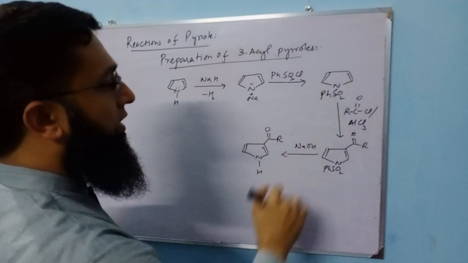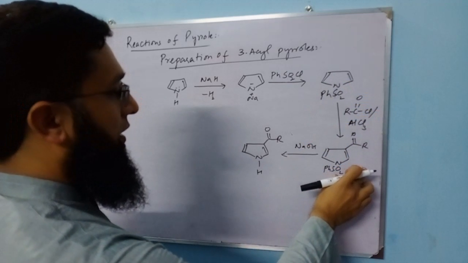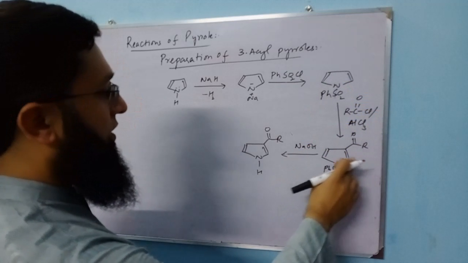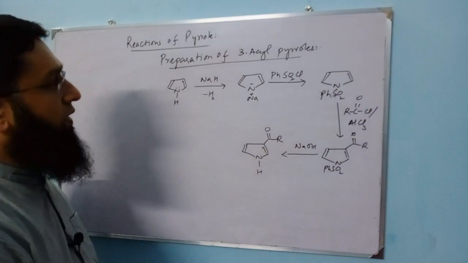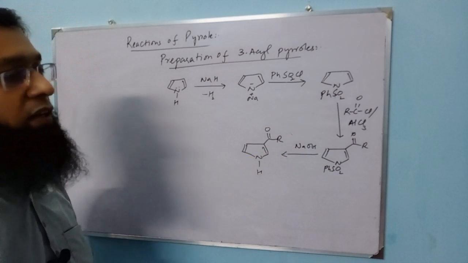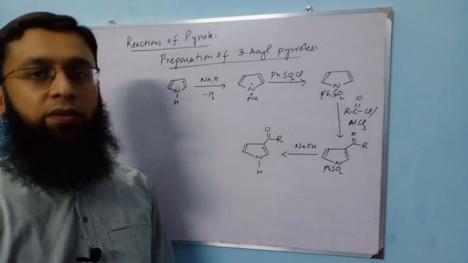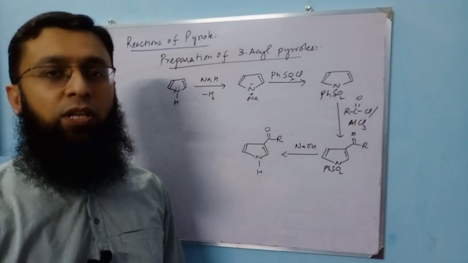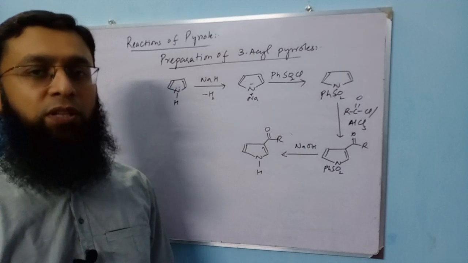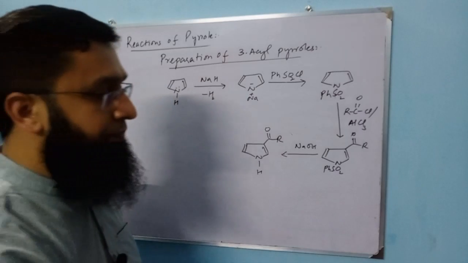Then under Friedel-Crafts acylation conditions we get 3-acyl N-protected pyrrole, which is then deprotected using sodium hydroxide. So if we are asked to prepare 2-acyl pyrroles or 3-acyl pyrroles, we have to use the corresponding methodology with which we can prepare these molecules.